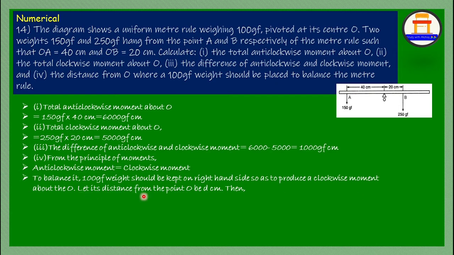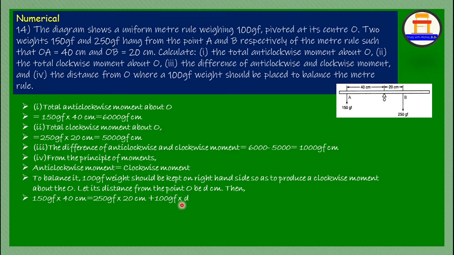Let the distance from O on the right hand side be d centimeter. Then 150 GF into 40 equals 250 GF into 20 plus 100 GF into d.